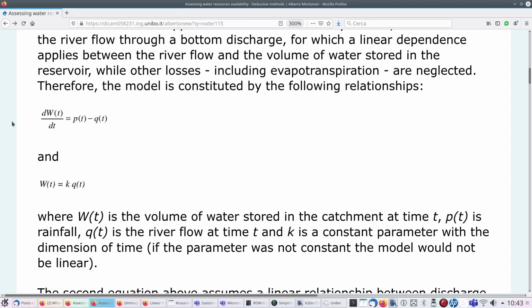Given that we are interested in knowing the variable, once we know the increments, we have to sum them to get the value of the variable. It's nothing else than a summation that we need. And this is called the integral of the differential equation.